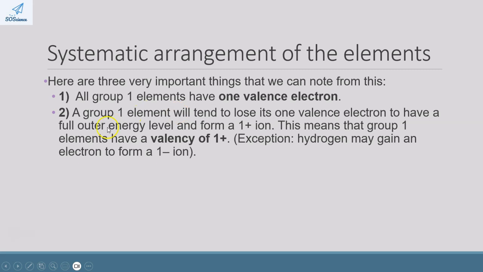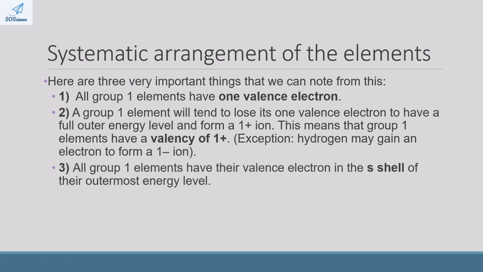So that means that group 1 elements have a valency of 1 plus. Our exception is hydrogen that may gain or lose an electron. So hydrogen may form a 1 plus or a 1 minus ion. Thirdly, all group 1 elements have their valence electron in an s shell, in the s shell of their outermost energy level.